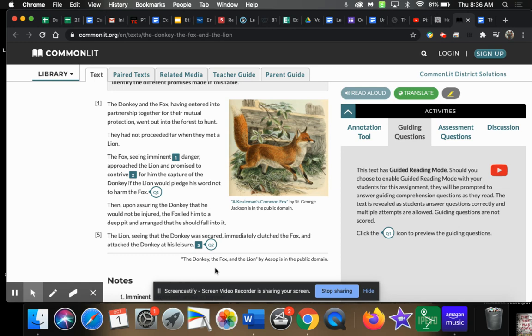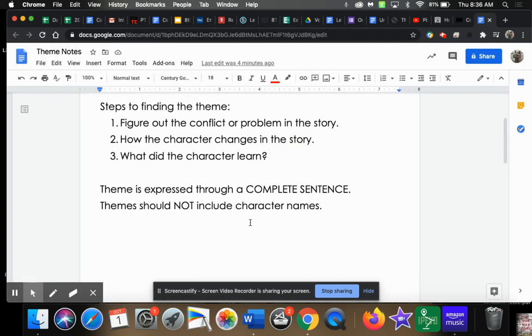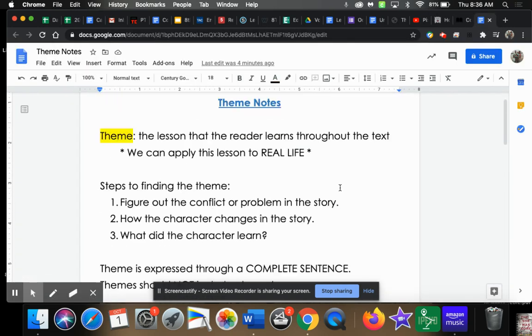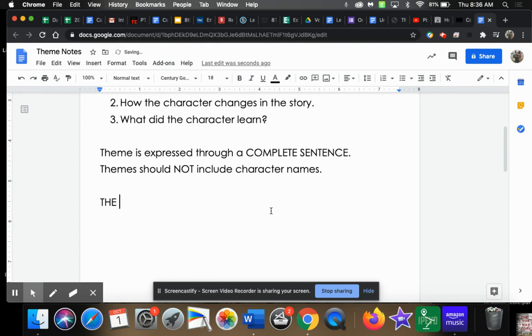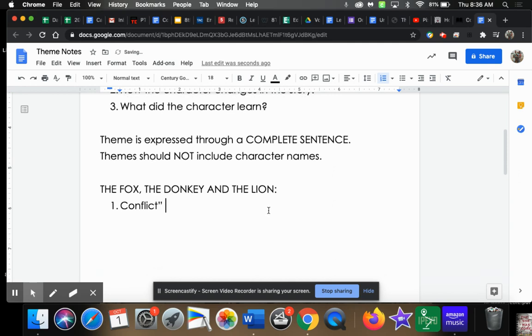So let's talk our way through this and try to figure out the theme, okay? So the very first thing we have to look at is, what is the conflict of the story, okay? What is the conflict of this story? What do you guys think? What's the problem? Yes.